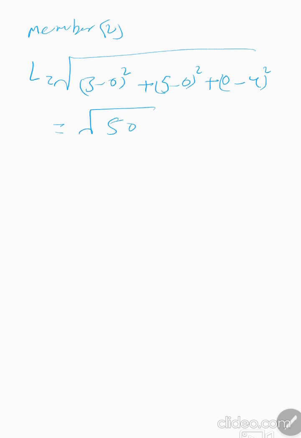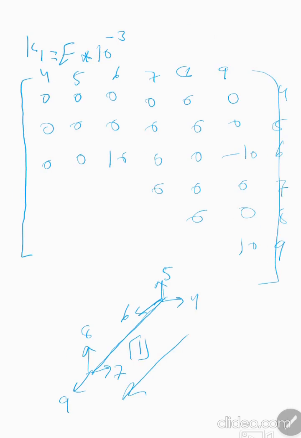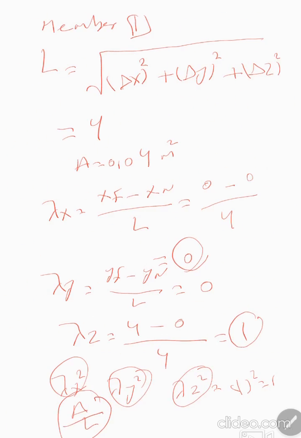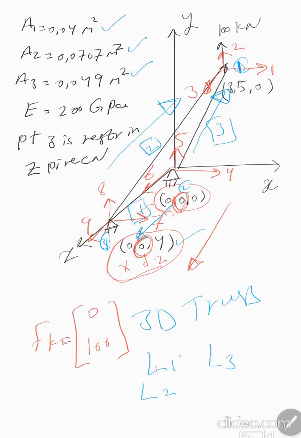Okay, how can I get these values? You can go to the point of member number 2 for this one.